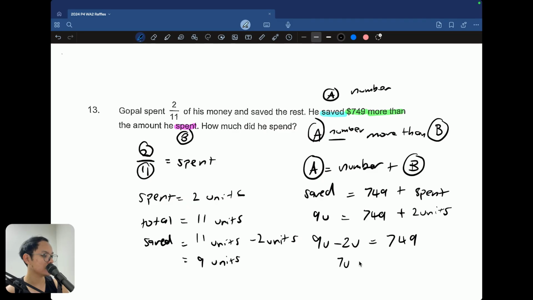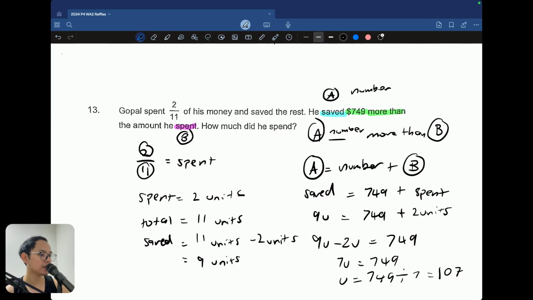So 9 units minus 2 units is 7 units, equal to 749. Then what is 1 unit? It is equal to 749 divided by 7, which is equal to 107. Then they want to know how much he spent in this case.